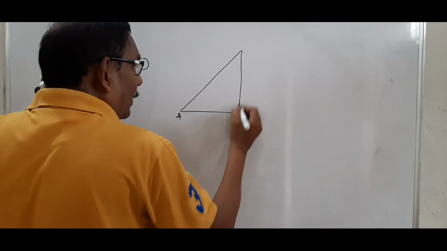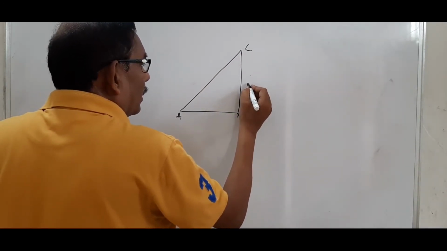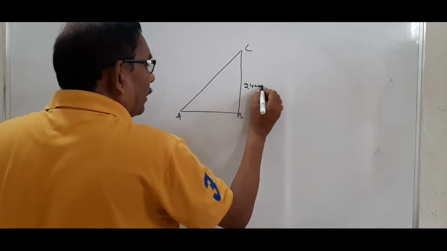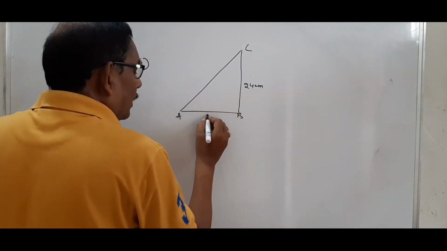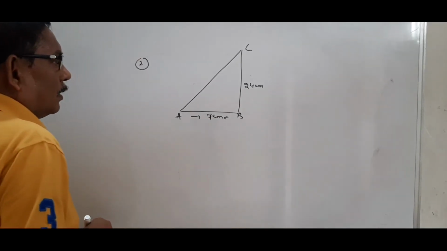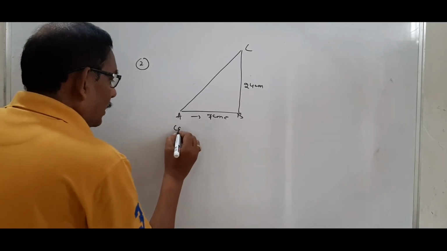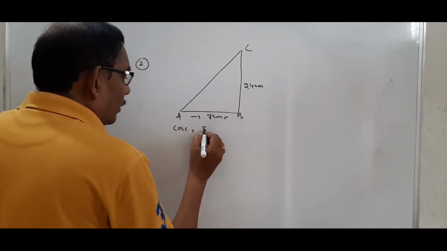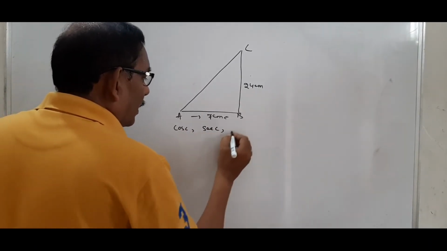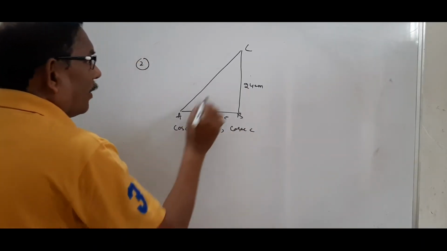Example number 2. Triangle A, B, C. If the sides are 24 centimeters and 7 centimeters, calculate cos C, sec C and cosec C. Now C is the base angle.